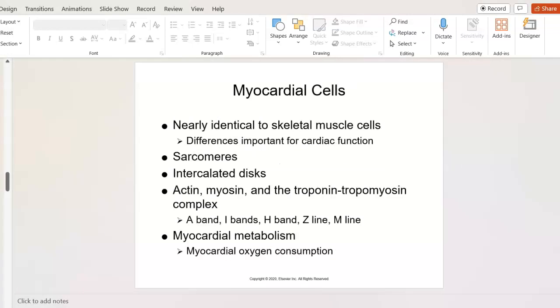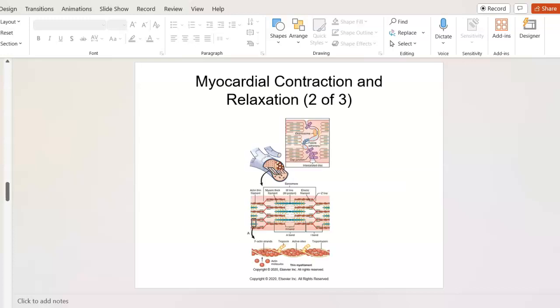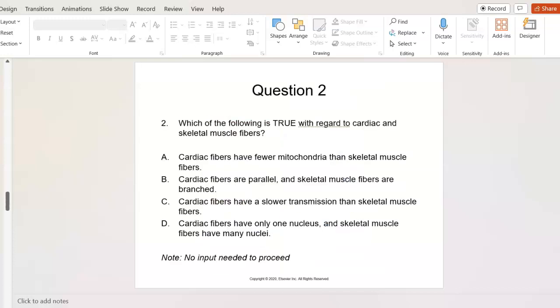Myocardial cells, we already went over that. We looked at the intercalated discs. We looked at the stripes across those. I'm actually going to show you a picture in just a minute. They're Y-shaped. They have the intercalated discs between them. Let me see if there's a picture of that.